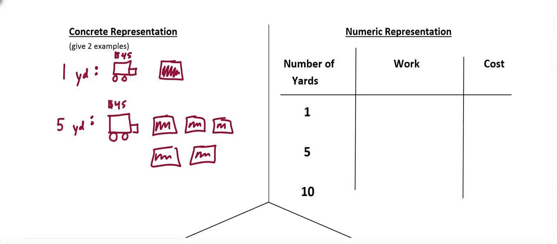The numeric representation, remember, is our table again. So in the numeric representation, we have to pay $45 for the delivery, plus we have to pay $23 for every yard that we order. So in this case, we would have a cost of $68. If we order 5 yards, we have $45 plus 23 times 5 yards.